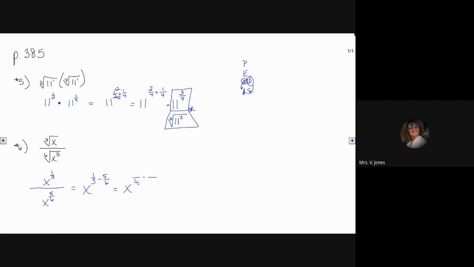So 3 and 6 both go into 6. So the second fraction did not change. To change 3 to a 6, I would multiply by 2, which means I have to multiply the top by 2. Once the denominators are the same, you keep it and you work across the top. 2 minus 5 is a -3. -3/6 reduces to -1/2.